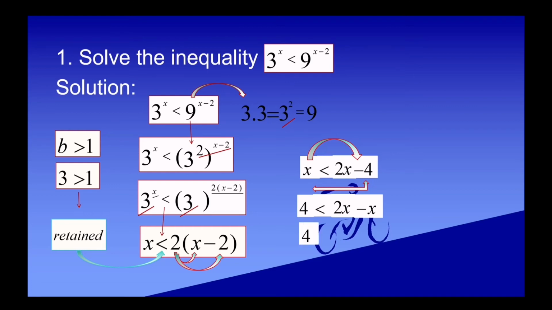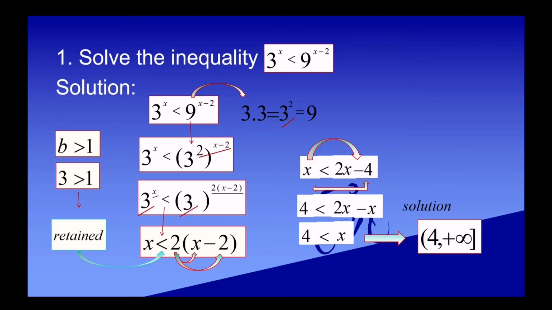So 4 is less than 2x minus x, which is x. So we have here the inequality 4 is less than x, and the solution set here is the interval from 4 to positive infinity. This is our solution set. So take note, the 4 is not included in our solution set.